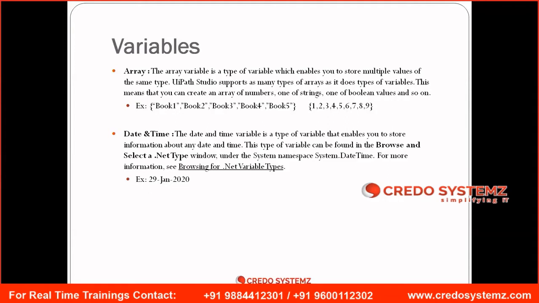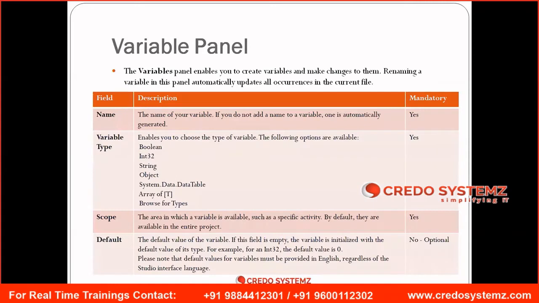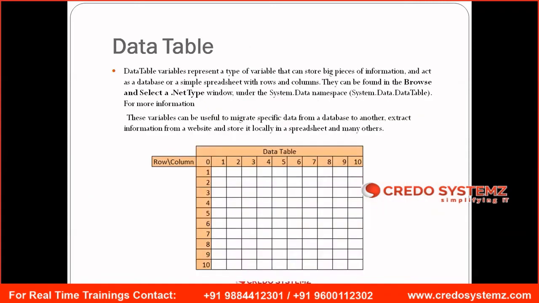So what is that structured format? Table means it's a structured format, right? Any data in a structured format, you can put it inside a box called data table. This data table is going to have the concept of rows and columns.